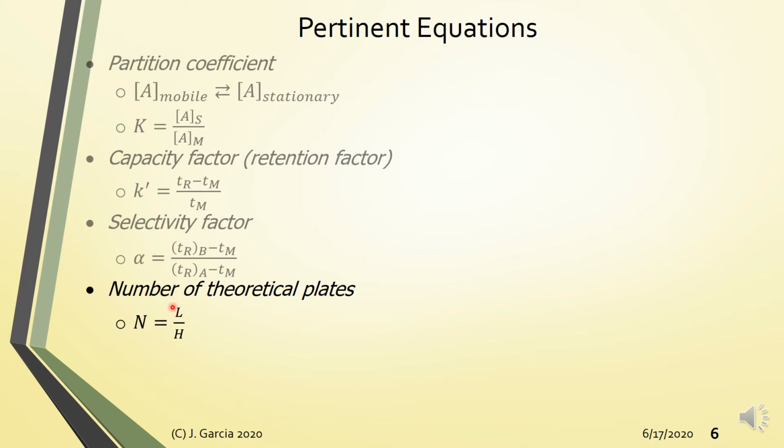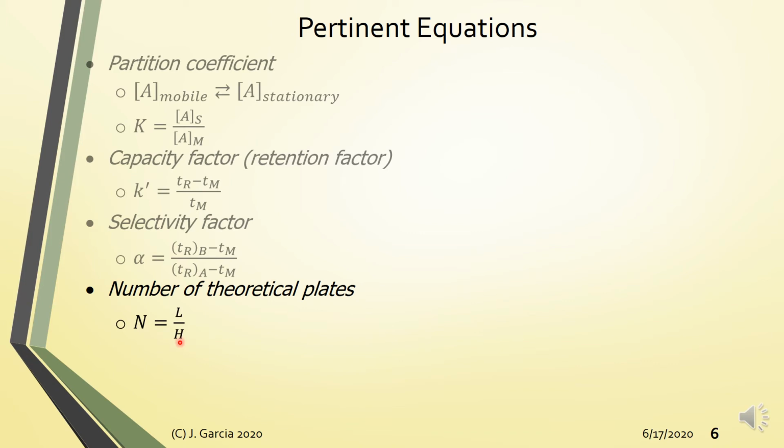So, you have the column length, usually in centimeters, divided by the height equivalent to theoretical plate, or HETP, or you can also call this your theoretical plate height.